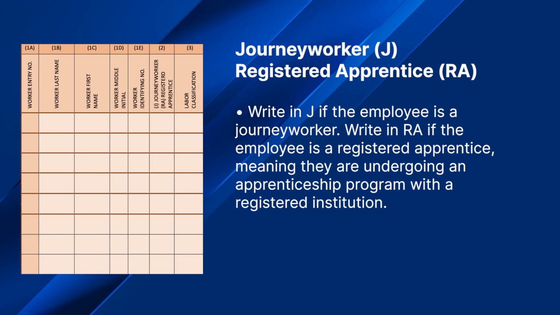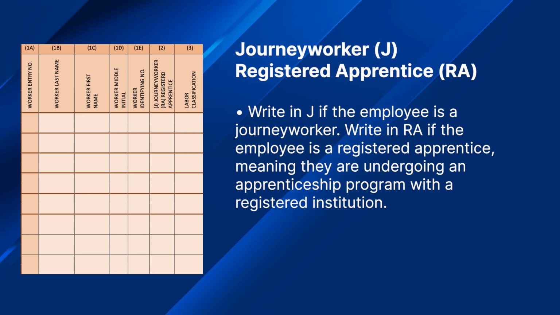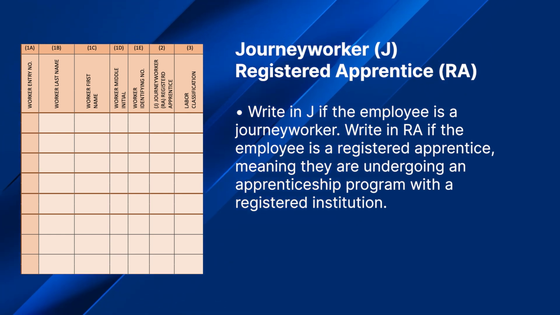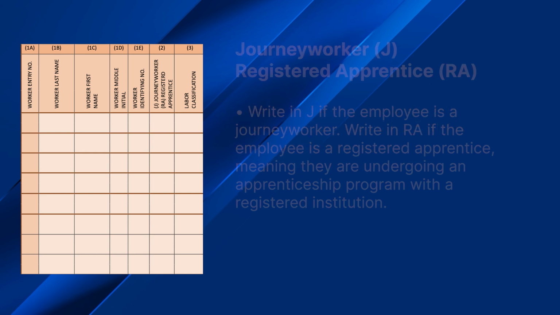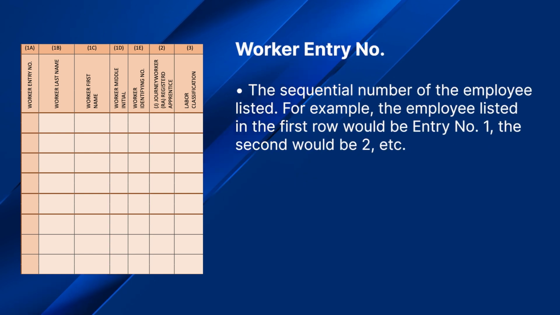For the journey worker and registered apprentice column, write in J if the employee is a journey worker. Otherwise, you would write in RA if the employee is a registered apprentice, meaning they are undergoing an apprenticeship program with a registered institution.